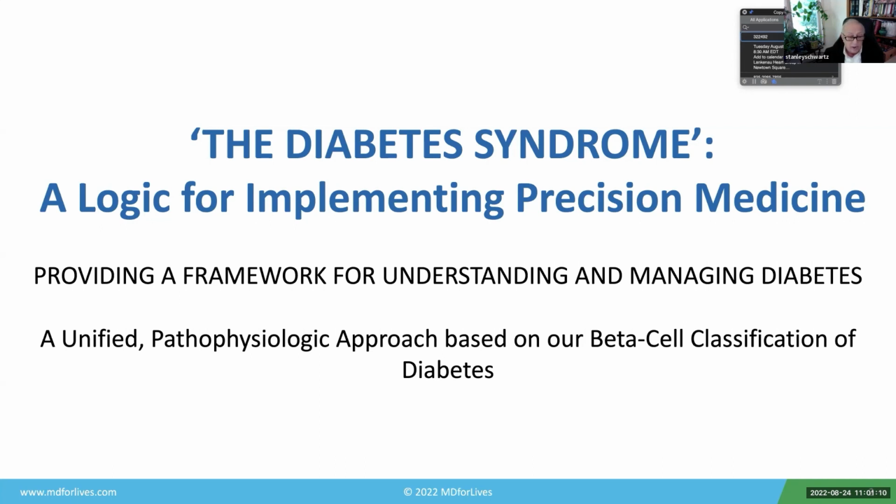We use a unified pathophysiological approach based on our beta cell classification of diabetes, which I published several years ago. That article has been cited by 300 other articles in the past few years, which is apparently a very large number. I'm happy to share the principles with you today.